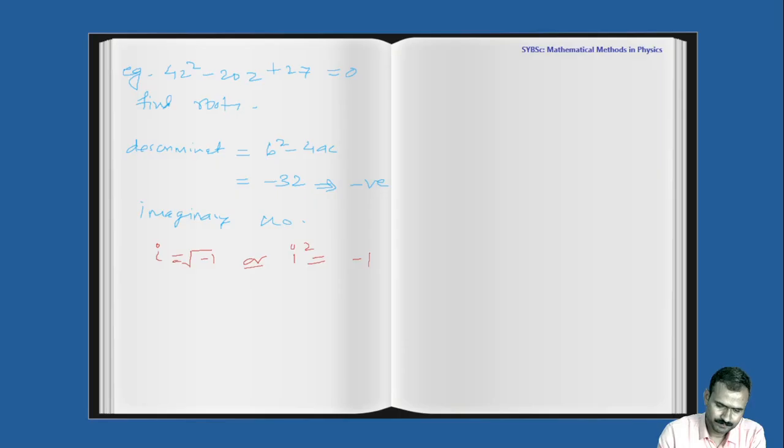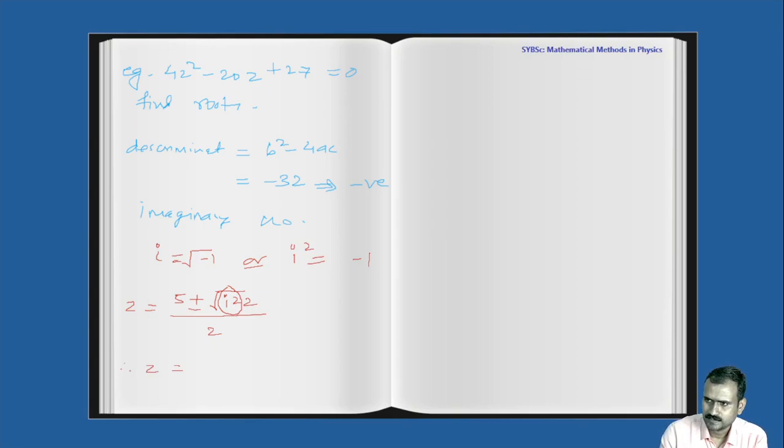Here we can directly find the roots: z = (5 ± √(i²·2)) / 2. Here we put the value of i² as -1.